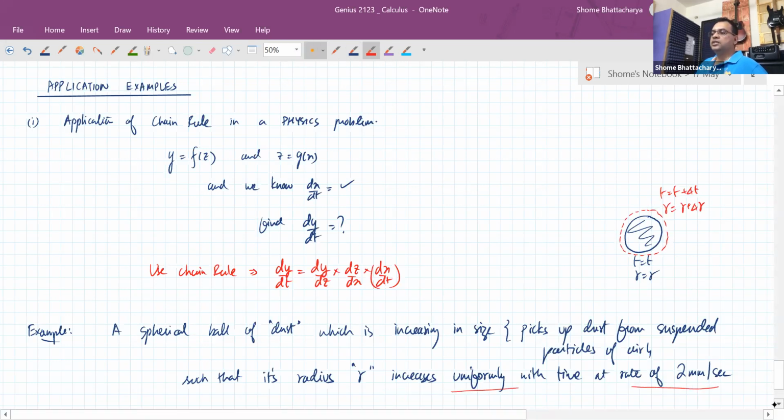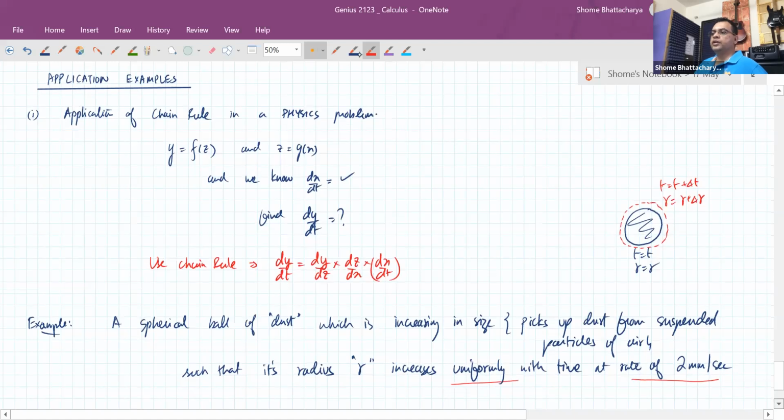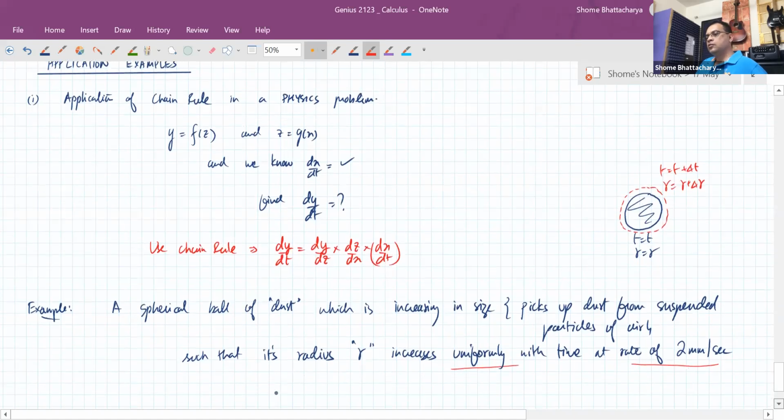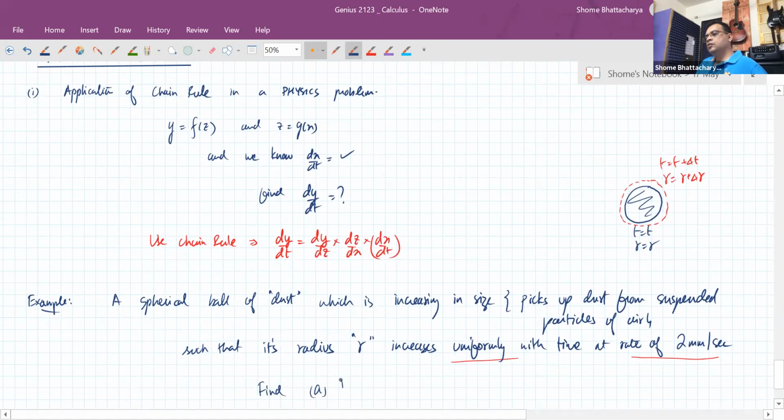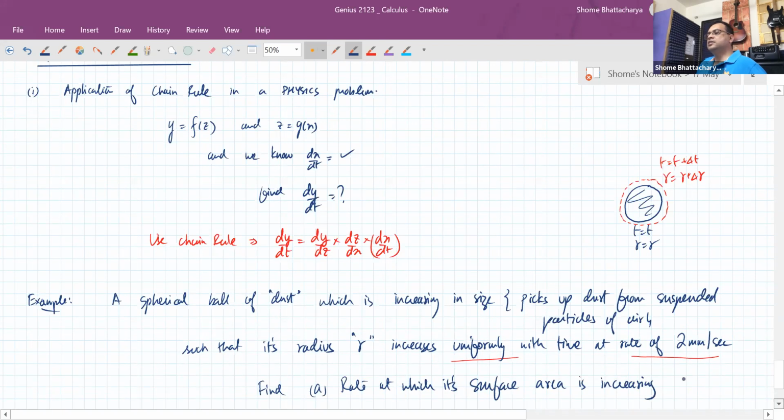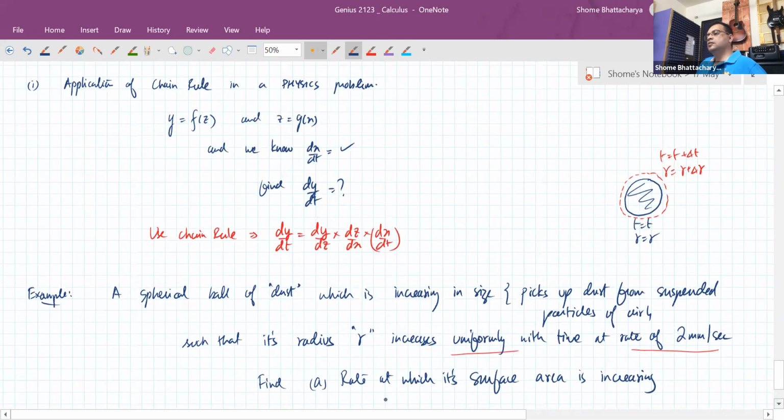Now from this information, we want to find out the rate at which its surface area is increasing at an instant when the instantaneous value of radius is, let us say, 5 centimeters.